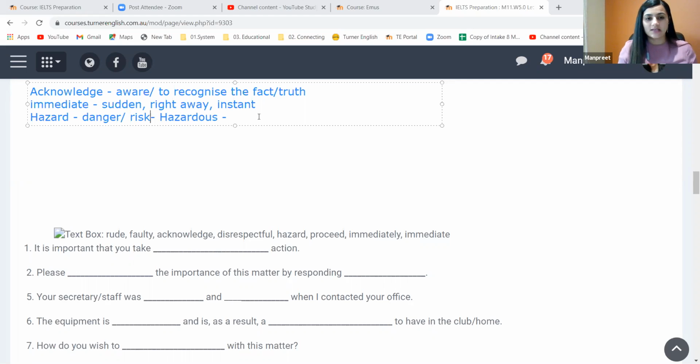How about hazardous? Same thing, so it's dangerous. In a formal letter, instead of dangerous we will use hazardous, and instead of danger we will use hazard. The rest of it is, I think, fine.